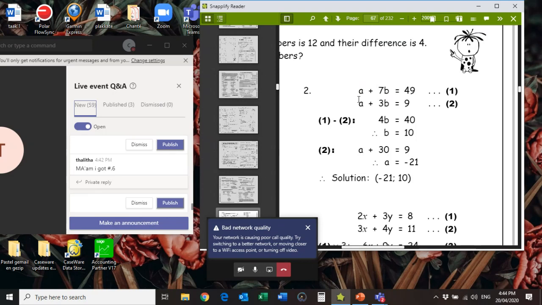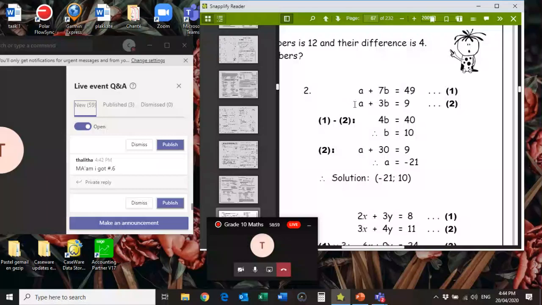I want you to now rewrite it and put this in brackets. So say A plus 7B is equal to 49. Put the second equation in brackets, say A plus 3B is equal to 9. And then in front of the brackets, I want you to put a minus, because now we're going to minus this equation.